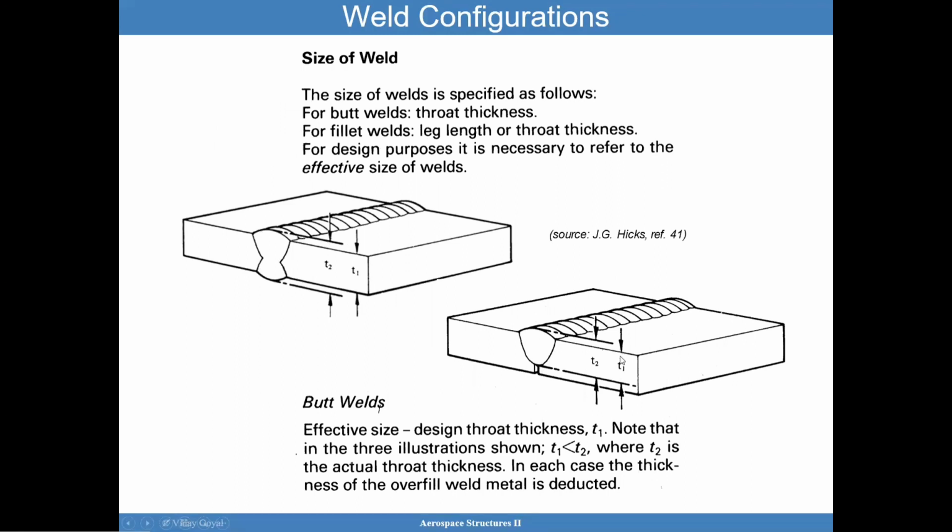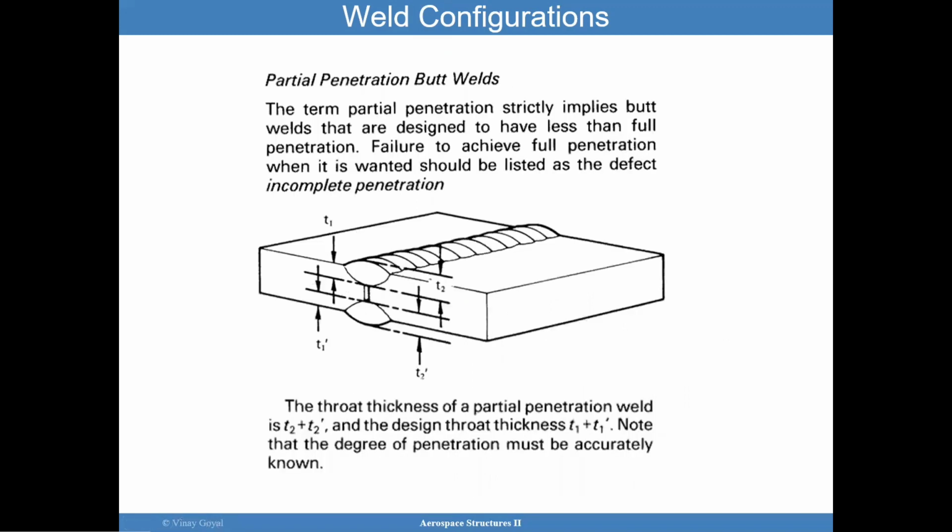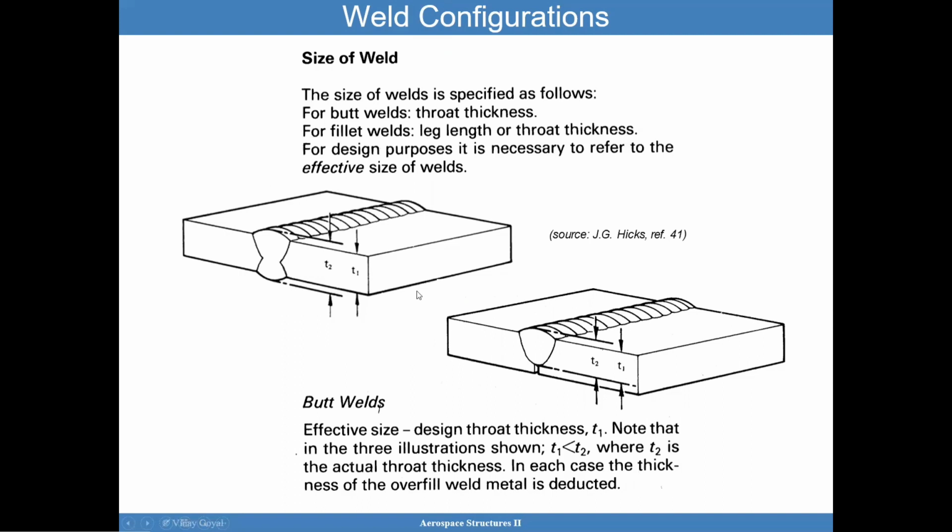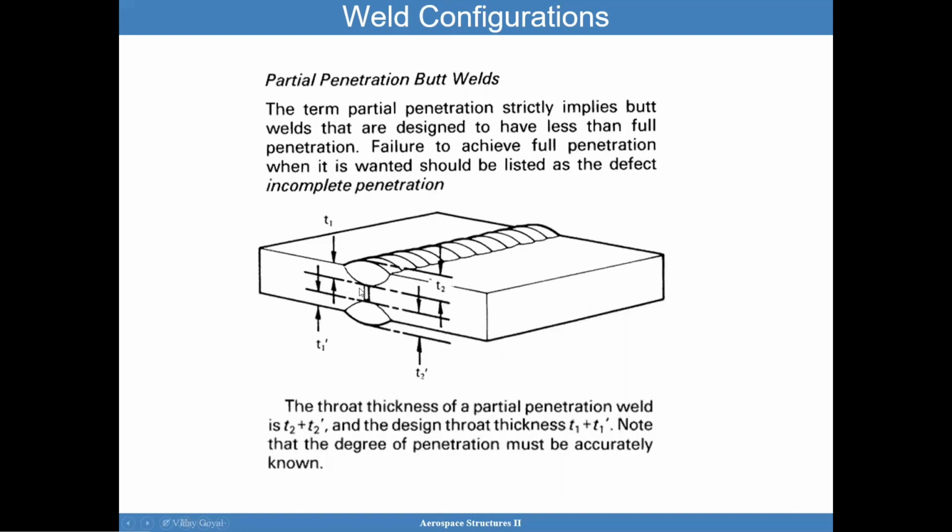We want to consider T1, which goes from the top of the plate to where the butt weld penetrates to. And so this T1 here and this T1 here is considered the design throat area.